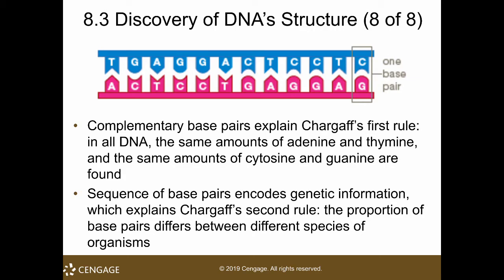And again, the complementary base pairing is explained by Chargaff's rule. This complementary base pairing explains how the DNA is transferred from one generation to another, and it also explains how the information is protected.